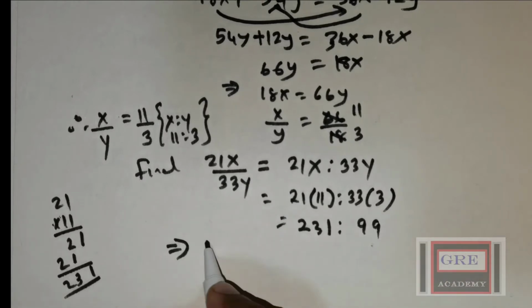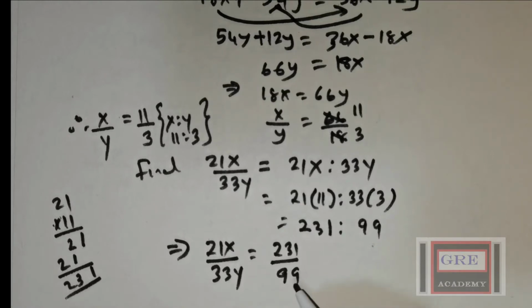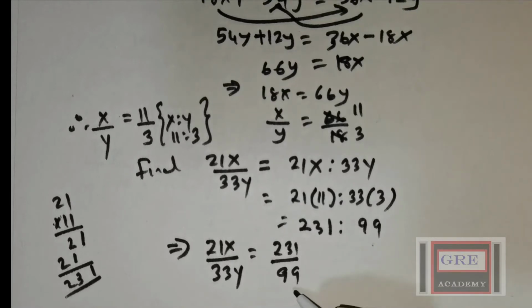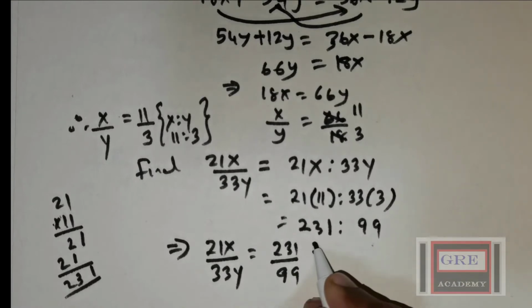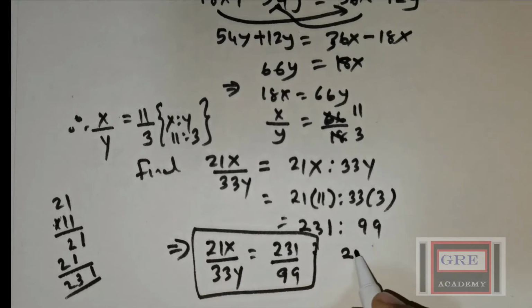So you can conclude this implies 21x divided by 33y is 231 to 99. So this is what you have got. Or you can also write it like this, 231 by 99.